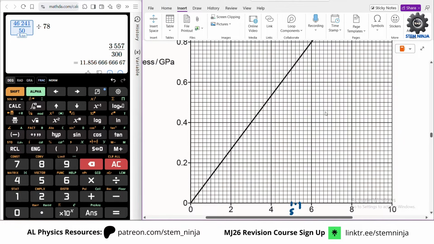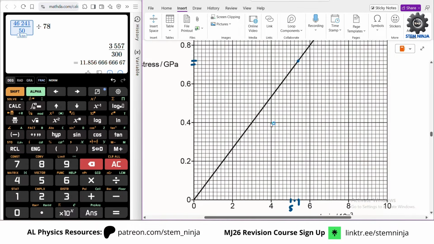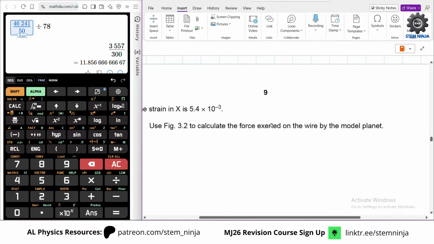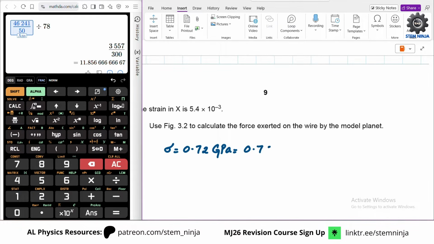So 5.4 is right over here, and this is this one. So 0.72 gigapascals. So stress is 0.72 gigapascals. You can also write it as 10 raised to the power 9 pascals.